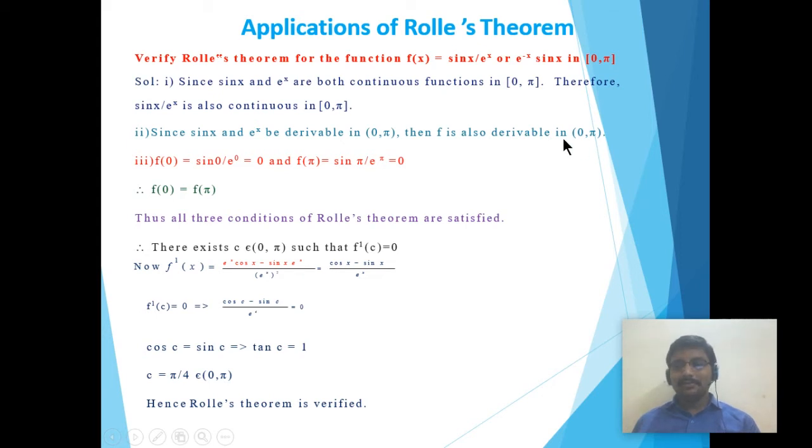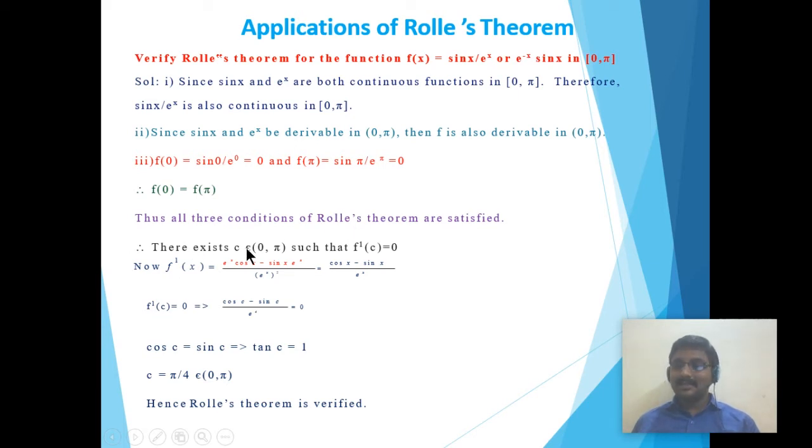Clearly, the derivative of f of x exists in the open interval 0 comma pi. Also, we will have the functional values. f of 0 is sin 0 by e power 0, that is 0. And f of pi is sin pi by e power pi. But sin pi is 0, and 0 by e power pi is 0. So both the functional values are equal. Thus, f satisfies all the three conditions of Rolle's theorem.